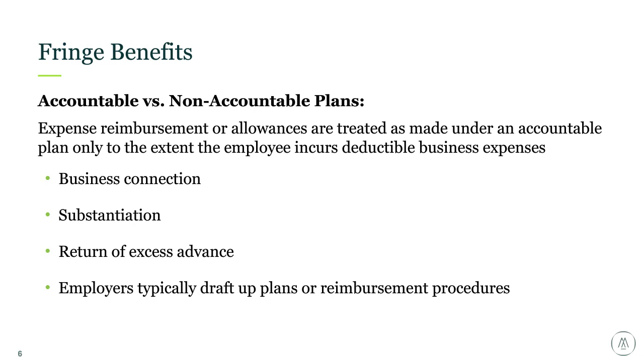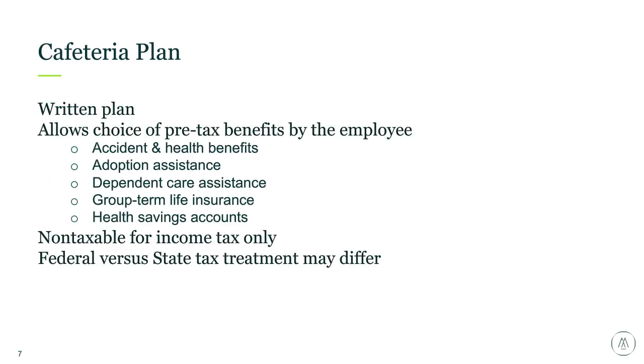Now we're going to switch gears a little bit and really get into some of our benefits and talk about the structure and how that looks. Most people probably have a cafeteria plan or a Section 125 plan. These types of plans are really a wonderful opportunity if you do any cost sharing with your employees for benefits.